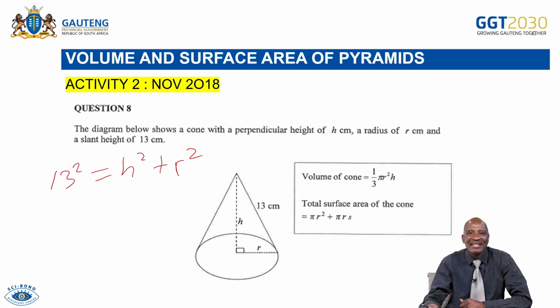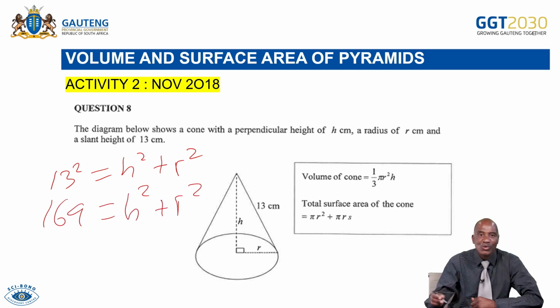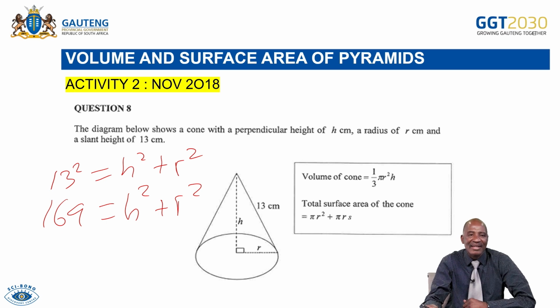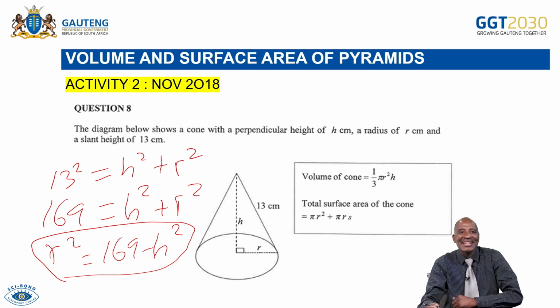I'm going to solve for r squared so that I can replace r squared there. This is 169 equals h squared plus r squared. Let's make r the subject of the formula. So r squared is going to be 169 minus h squared. I'm going to stop here for now. I need that r squared.